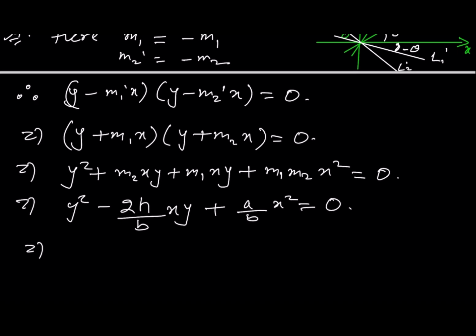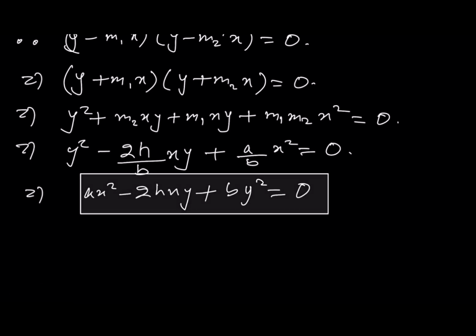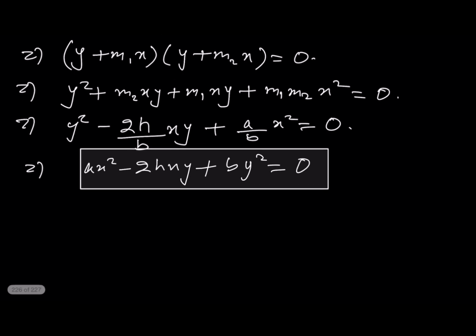So this will be ax square minus 2hxy plus by square is equal to 0. So for image lines, there is a small change, which is in the sign of h. So this thing you can also remember for future use.